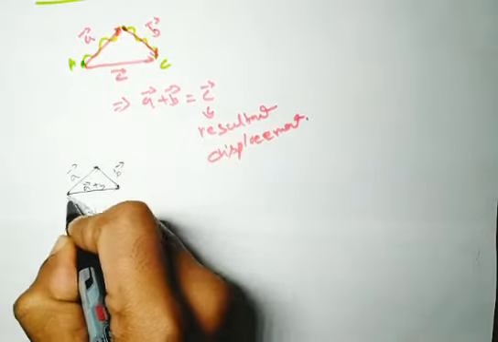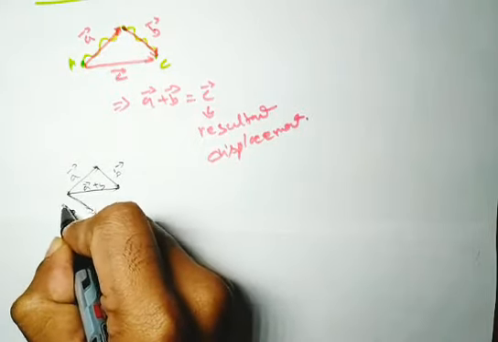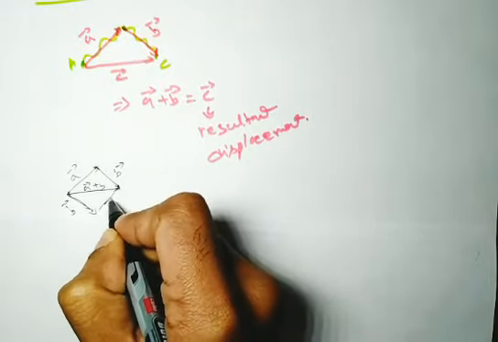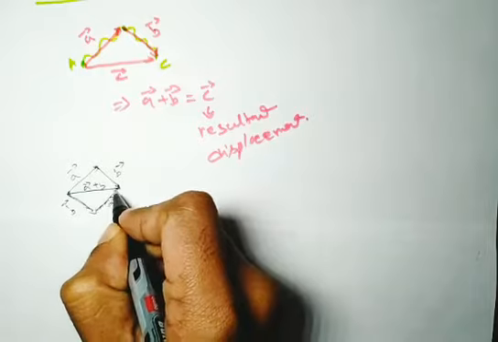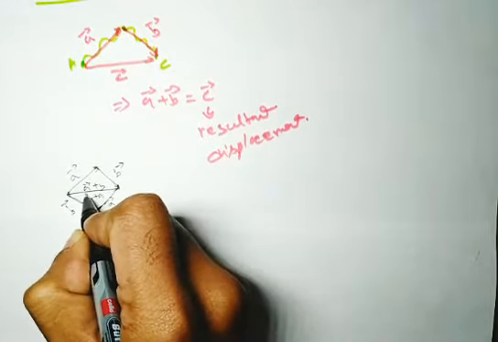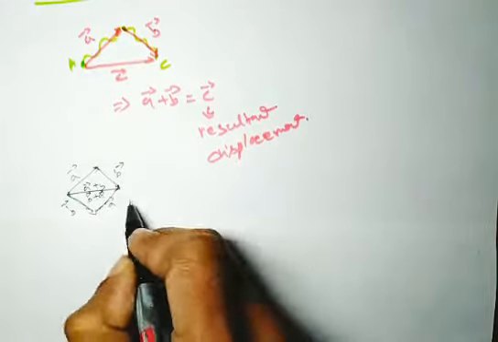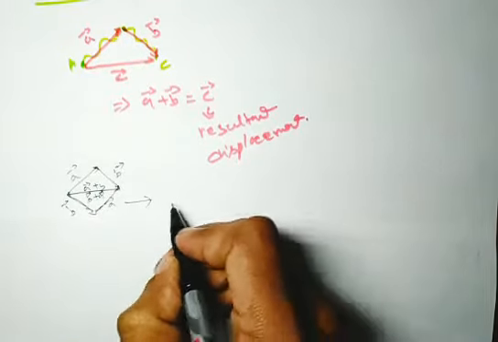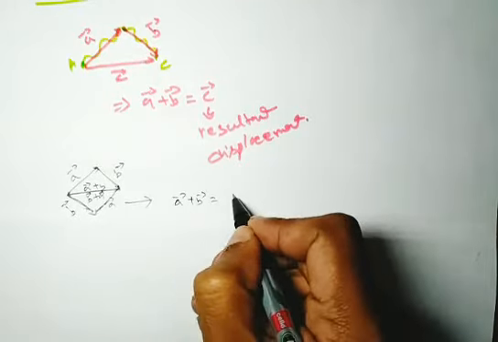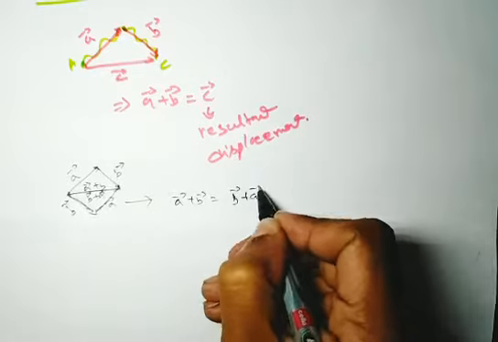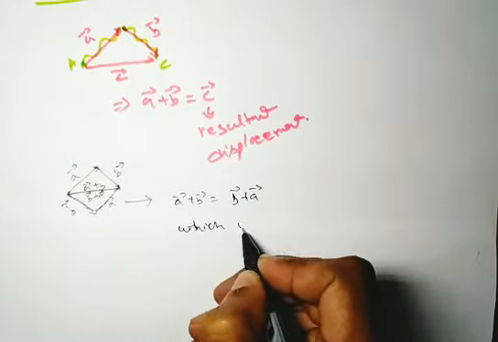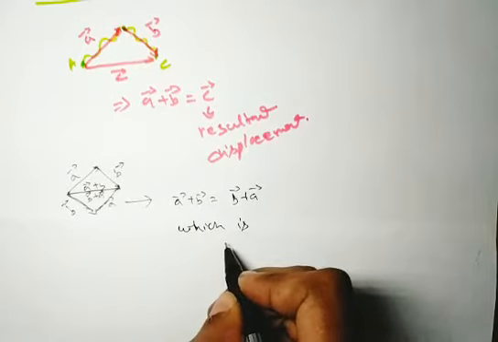This is vector B and this is vector B, and this is vector A and this is vector A. So in this way we can say this is B plus A. From this diagram we can say that A plus B equals B plus A, which is the commutative law.